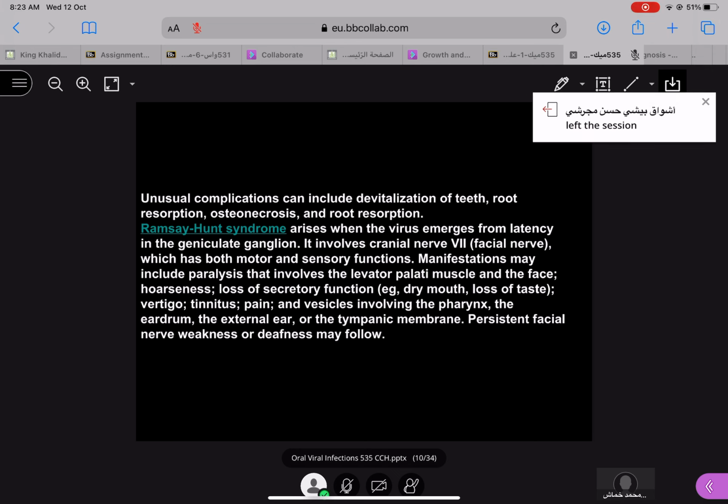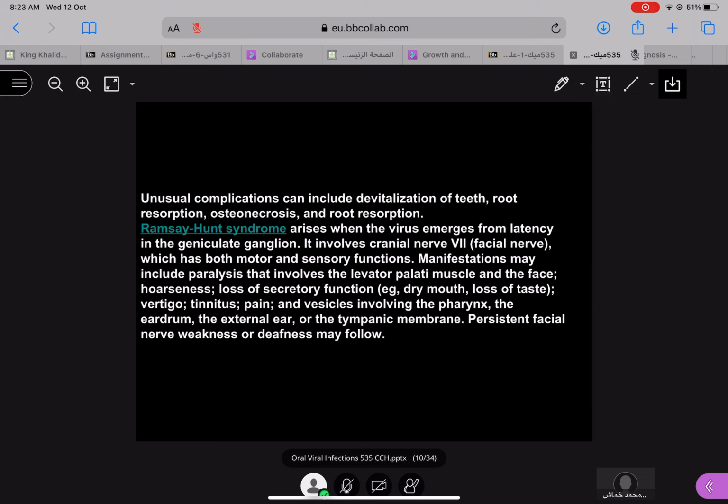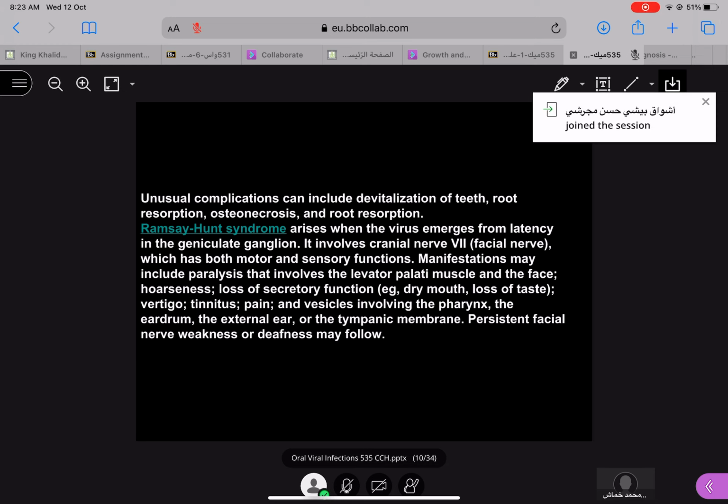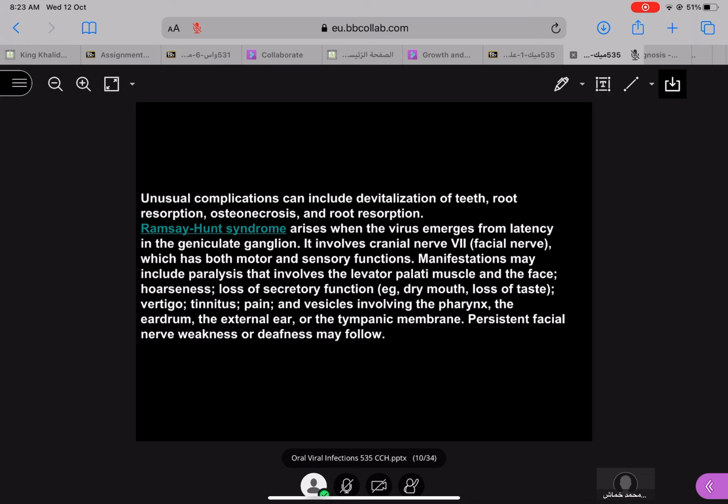Manifestations may include paralysis that involves the levator palatal muscles and the face. Once this virus gets to that area, it can cause, as we said, paralysis and loss of secretory function.